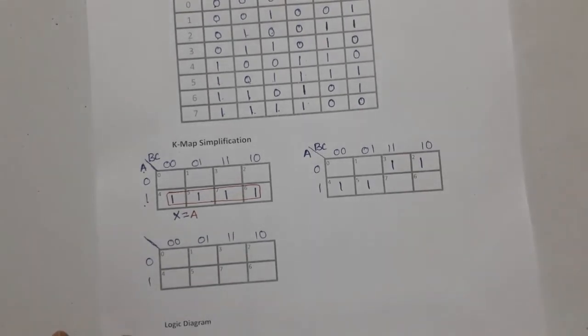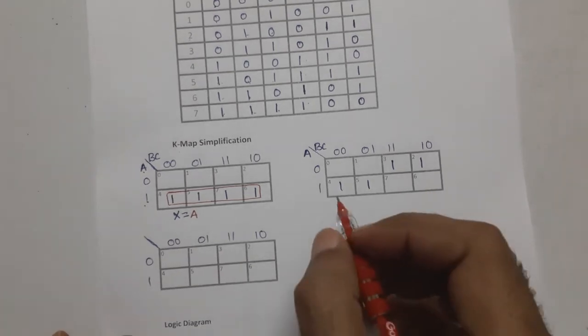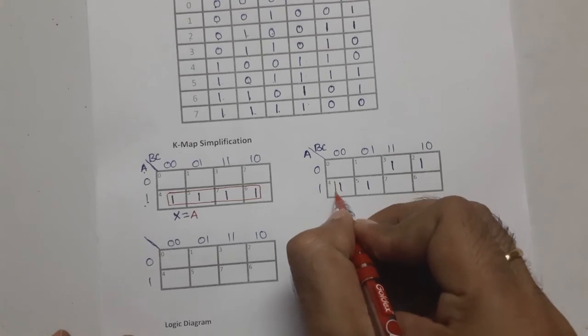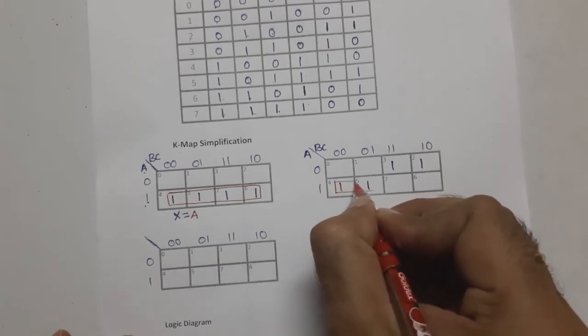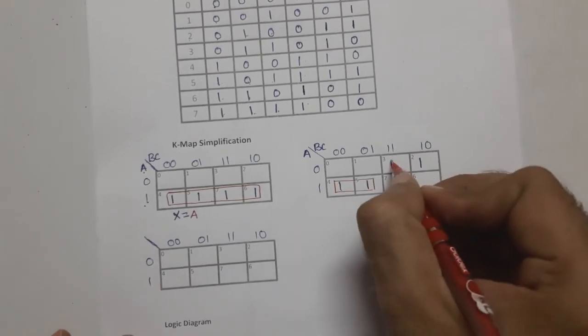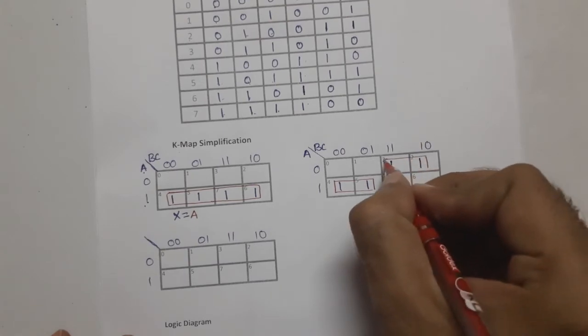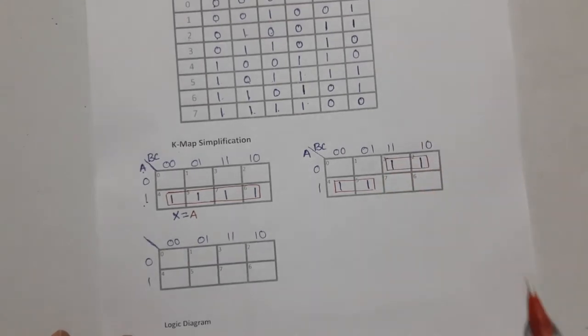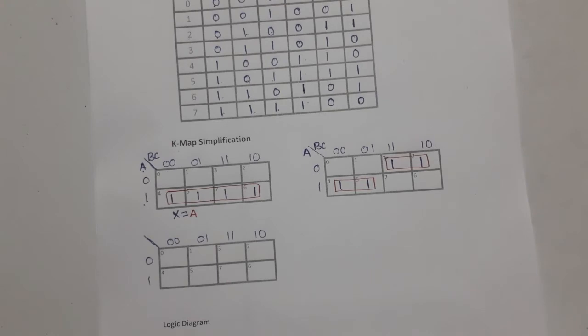And now we have to write the group. We have to make a group. Now this is one group, and this is the another group. Now what about the expression?